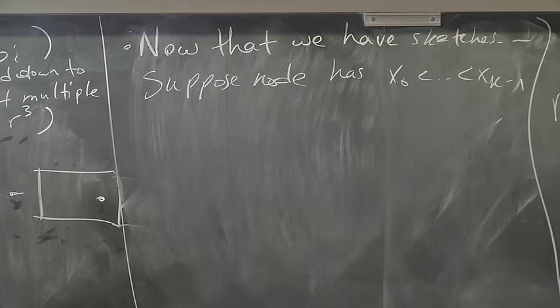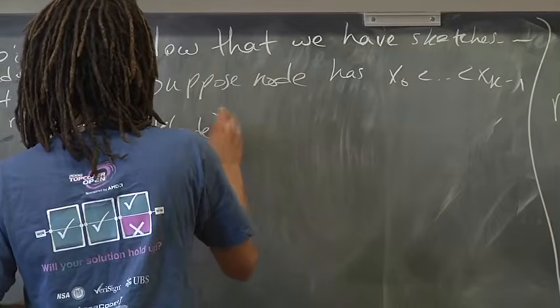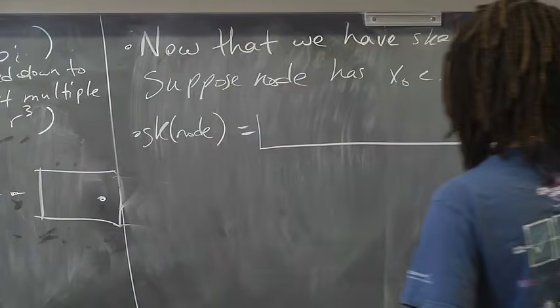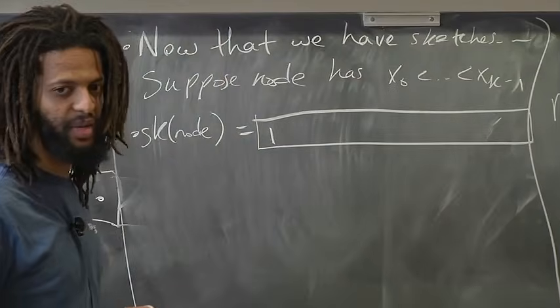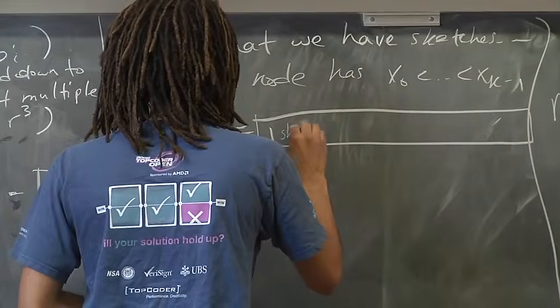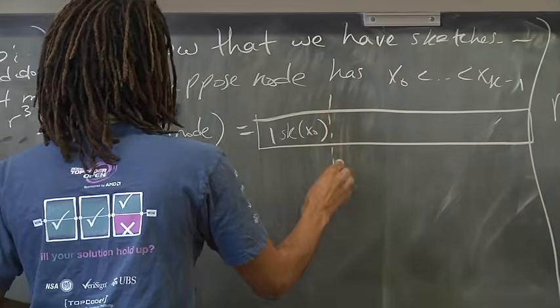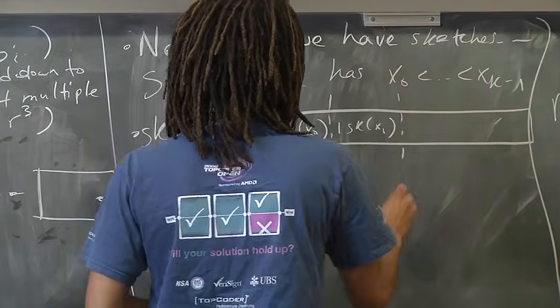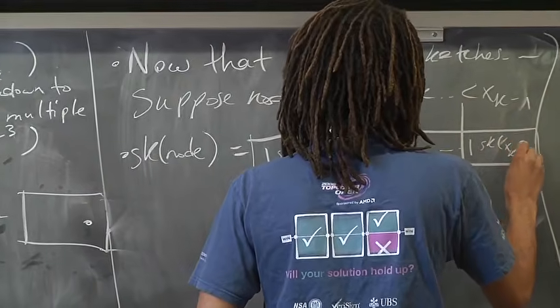One thing we're going to store is the following word, which I'm going to call the sketch of that node, equal to the bit 1 followed by the sketch of x0, 1 followed by the sketch of x1, and so on up to 1 followed by the sketch of x(k-1).